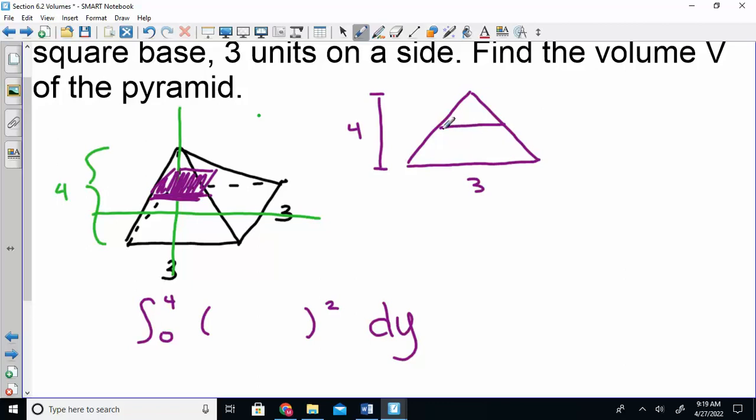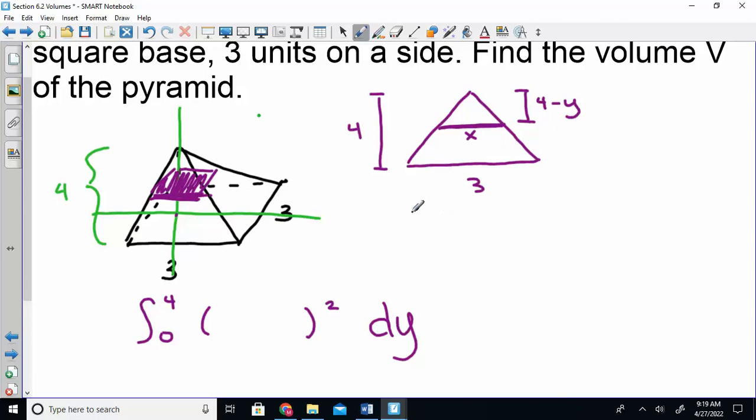We don't know what this length is. Let's call it x for a moment. But the amount you came up, that's your y value, right? Because this is our y-axis. So the distance from the top would have to be the total distance minus the amount you rose.